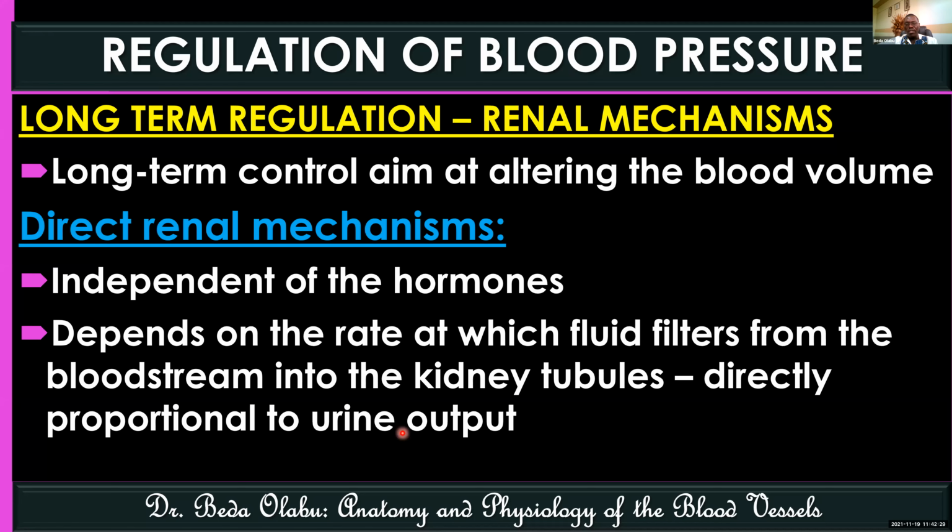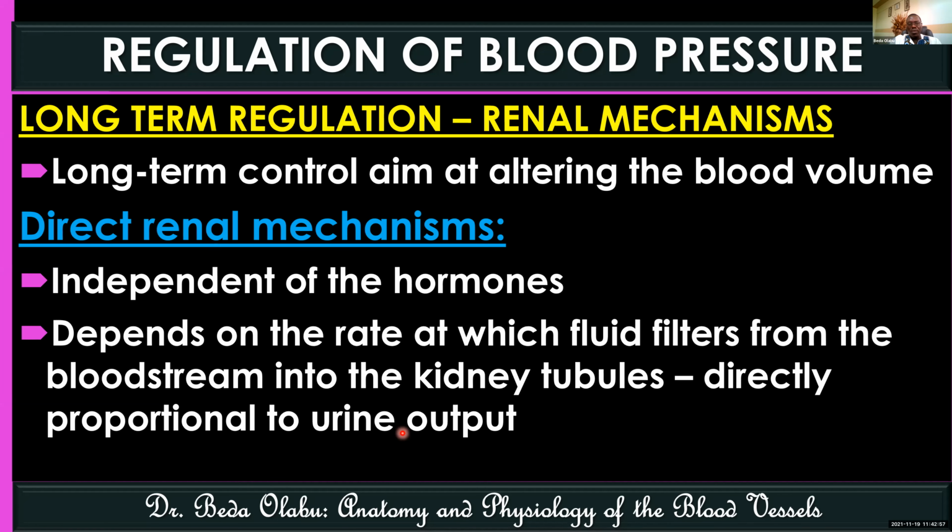You'll lower the blood volume. And so that's a direct mechanism. Anytime the blood pressure is high, the glomerular filtration rate is high, urine output is high, and that automatically lowers blood volume, which will lower the blood pressure. It's a direct mechanism. Don't think too much about it.